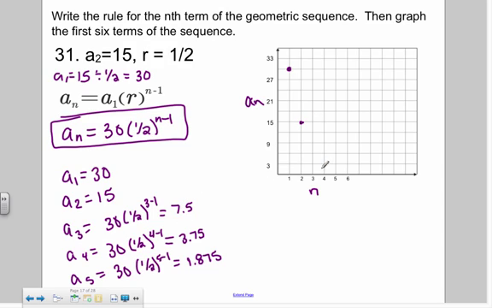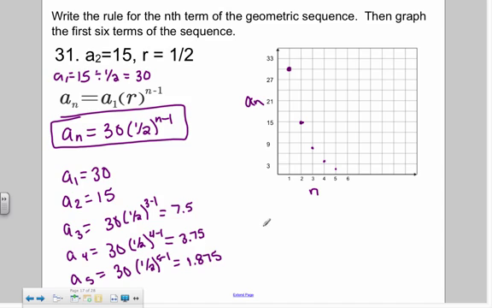The third term was 7.5, so here I've got 3, 6, so what's 7.5? My fourth term was 3.75. And my fifth term was 1.875.